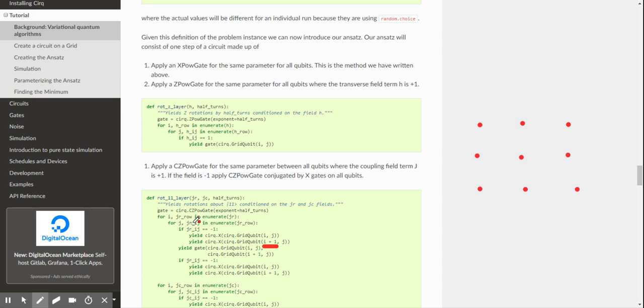Maybe it's just the naming that's confusing me. So this is the row, the row interactions.